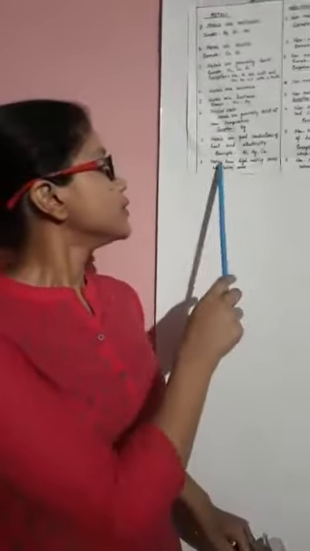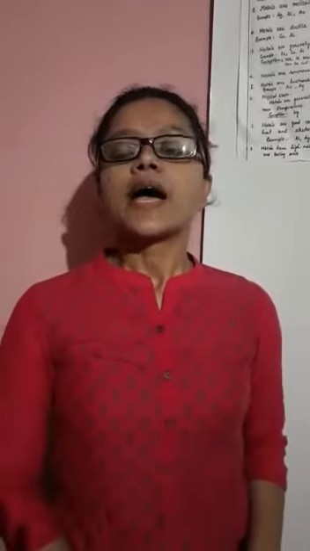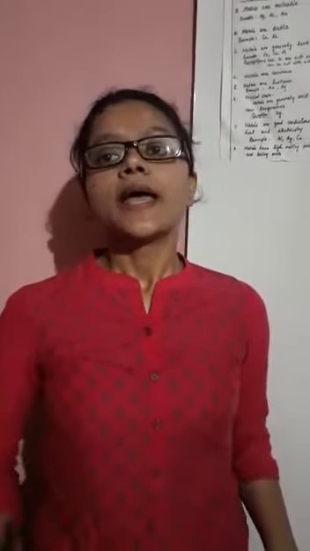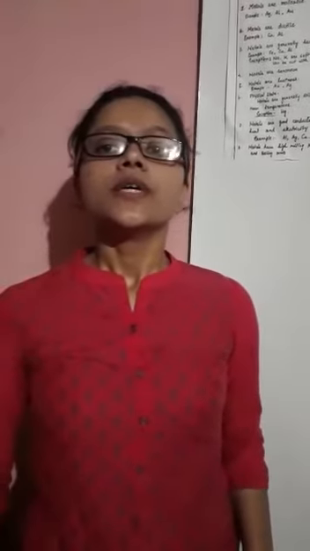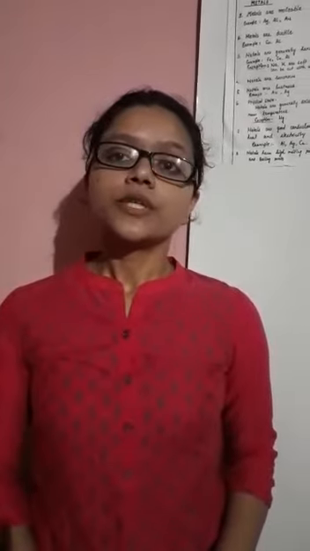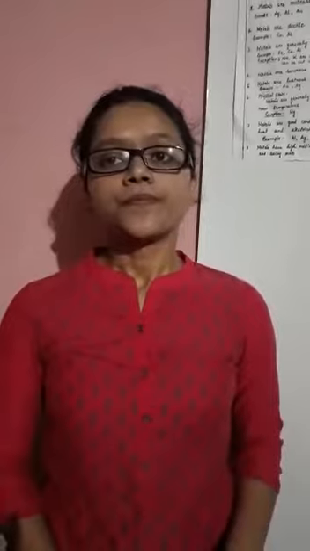The last property we discuss is the melting and boiling points. Metals have high melting and boiling points. They vaporize and melt at very high temperatures. Example, iron needs 1535 degrees Celsius to melt, whereas copper needs 1083 degrees Celsius to melt.